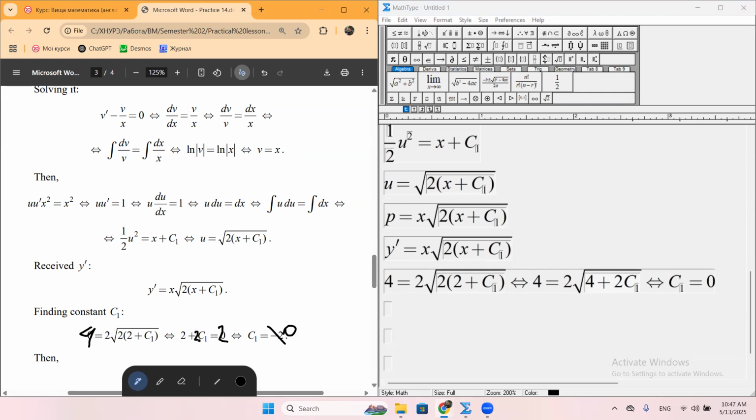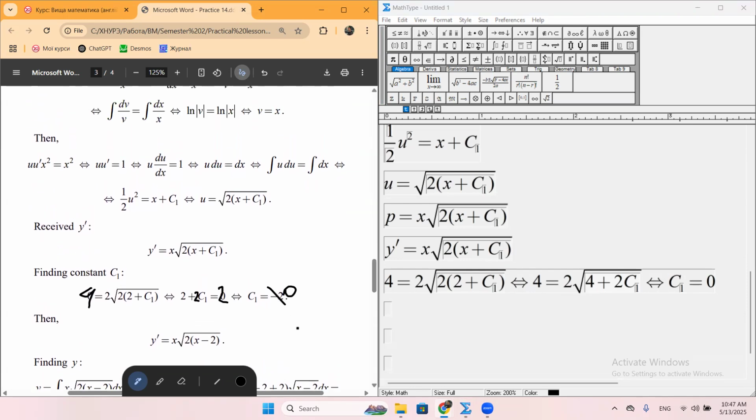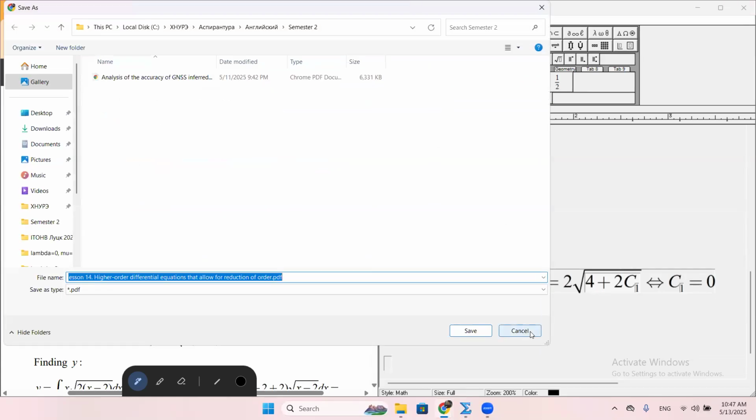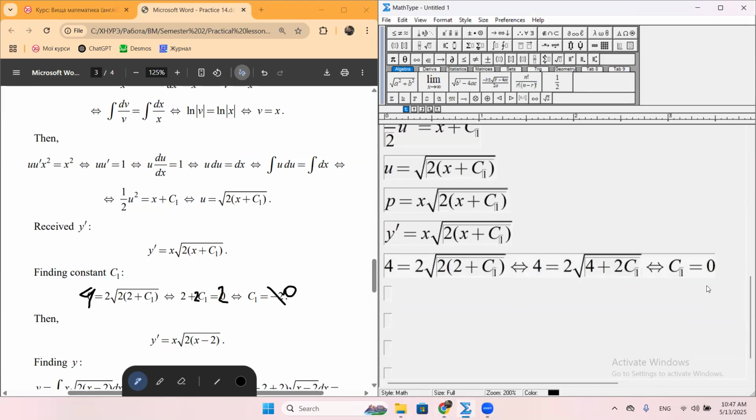So it was a mistake here. That's good that we caught it, I will resave it later.